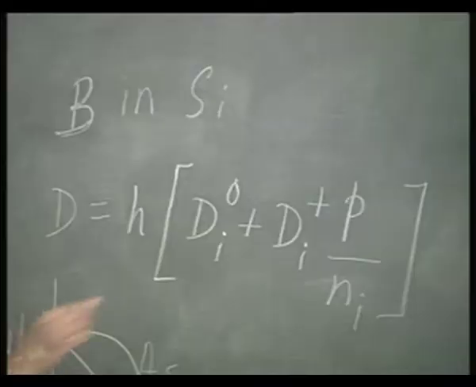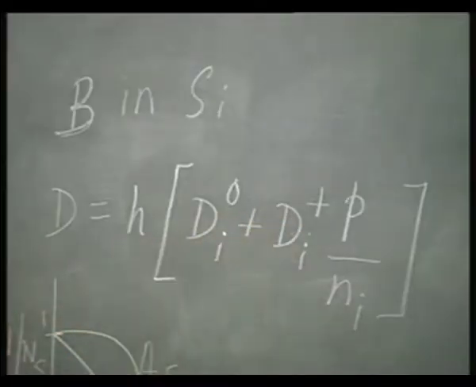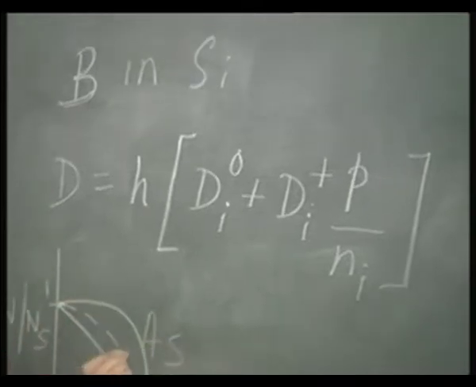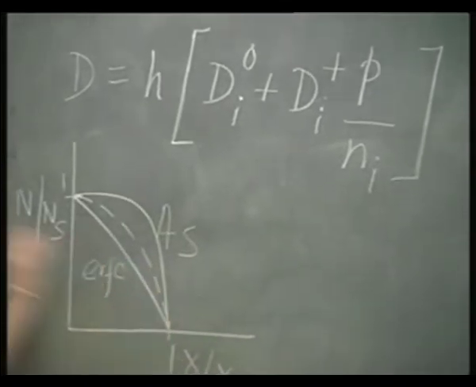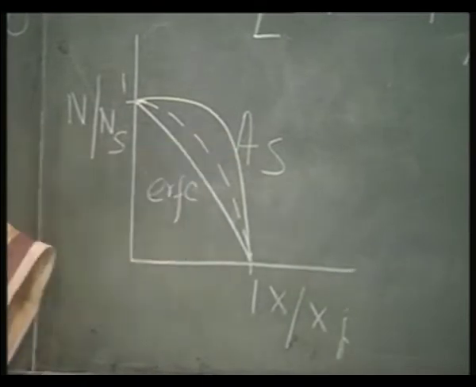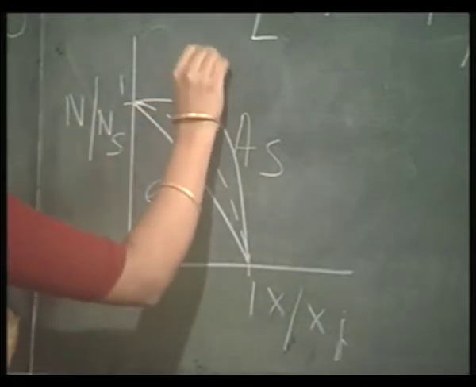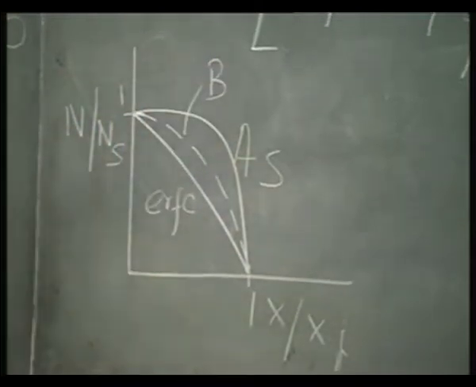That is to say, the relative dominance of this term Di plus is comparatively lower, so that you are coming closer to the D equal to constant case, and that profile is given by something like this. In between the complementary error function profile and the arsenic profile. So, this is the profile of boron.